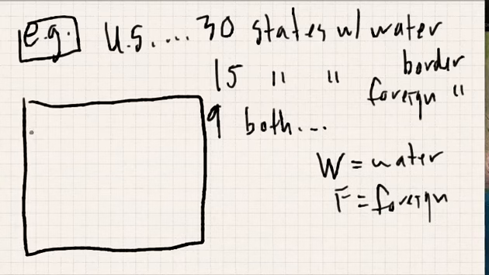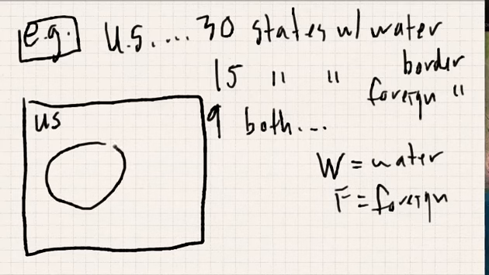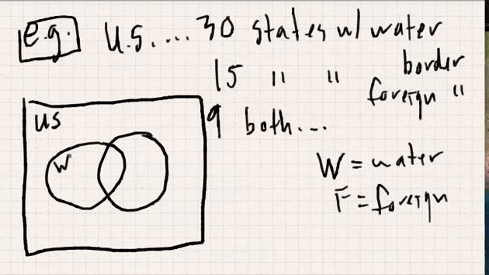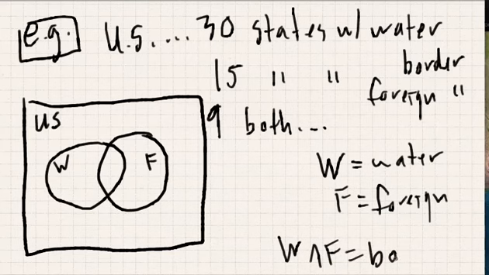My universal set here, US, does not stand for universal set, it stands for United States. Here I have those which have water border, and here those which have foreign border. W intersect F are those who have both.